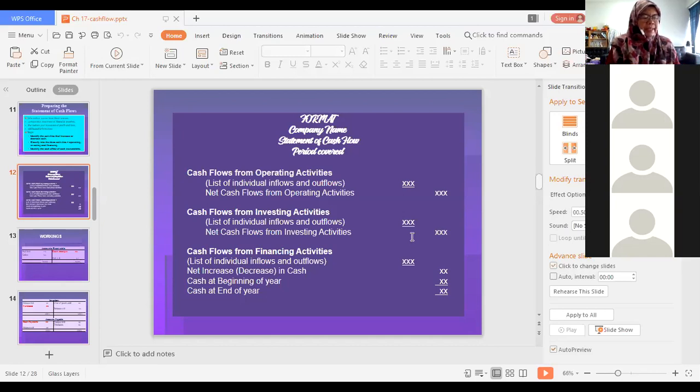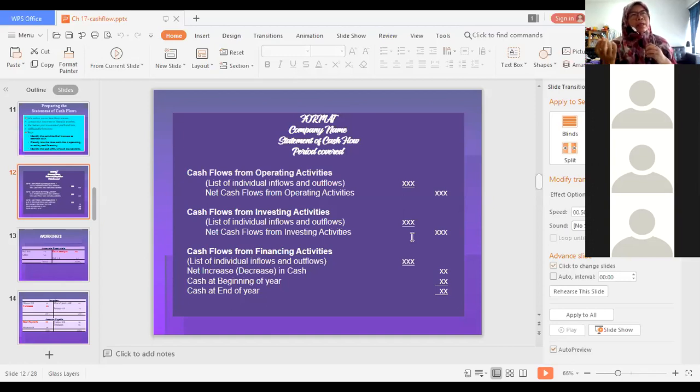Example AR. You compare last year amount and this year amount. Katalah ada decrease. Katalah last year 10,000, this year 8,000. Ada decrease by 2,000. Kenapa decrease tu? Last year dia hutang kita banyak. This year dia hutang kita sikit. Kenapa hutang dia berkurang?